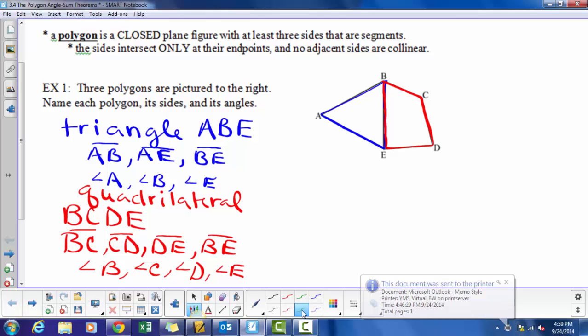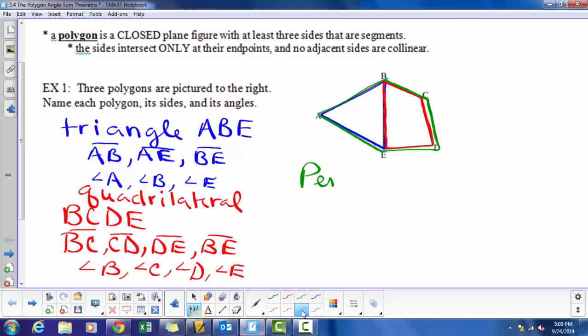Lastly, we have pentagon ABCDE. So that's a pentagon, and it's pentagon ABCDE.